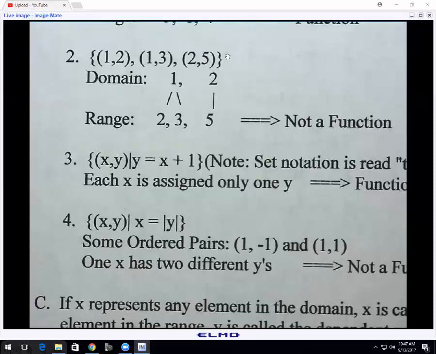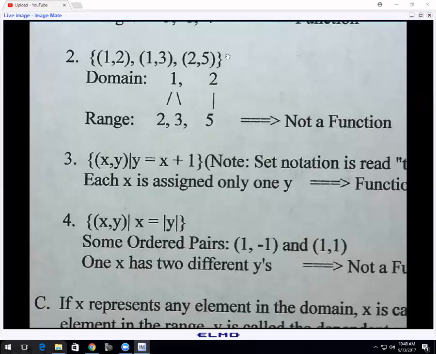Number 4, X equals absolute value of Y. That means whatever Y is, X is the absolute value of that. You have to squint hard and think, could I make up two different ordered pairs with the same X that gave me two different Ys?